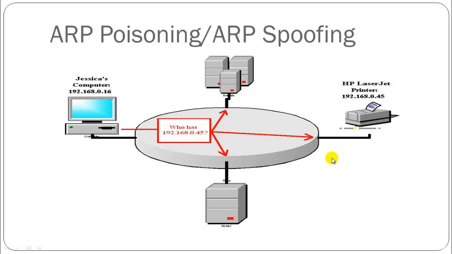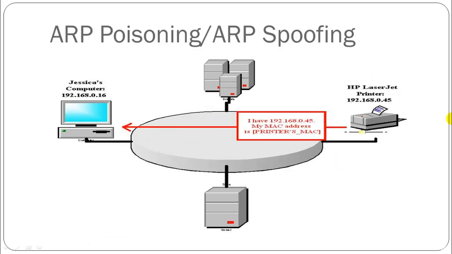The machine that recognizes the IP address as its own returns a reply indicating the same. ARP updates the ARP cache for future reference first, and then sends the packet to the MAC address that replied. So you might be wondering, what is ARP poisoning exactly?